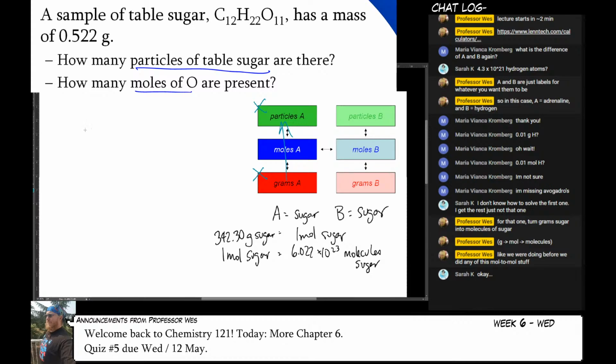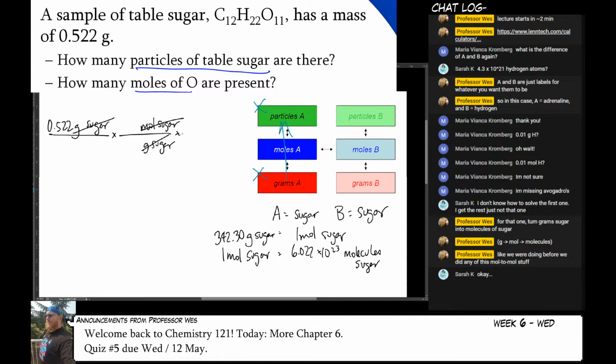So let's do the dimensional analysis. I gave you this many grams of sugar. Let's try that line again. I'm going to cancel that out with down here. So grams of sugar, we're going to turn that into moles of sugar.